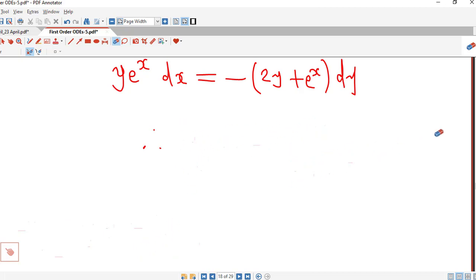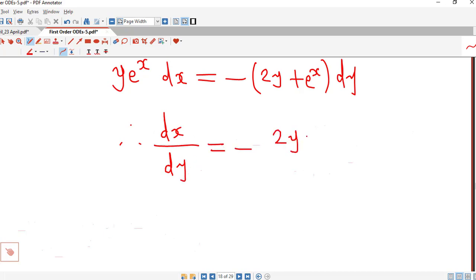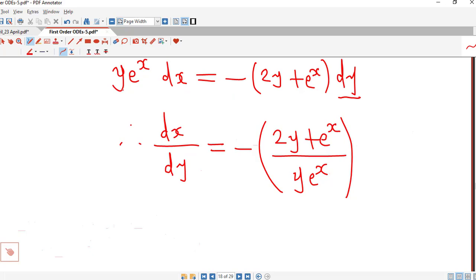So for that we consider dx by dy. Therefore dx by dy equal to minus 2y plus e raised to x divided by y times e raised to x. I take dy on left hand side and I take y e raised to x on this side.